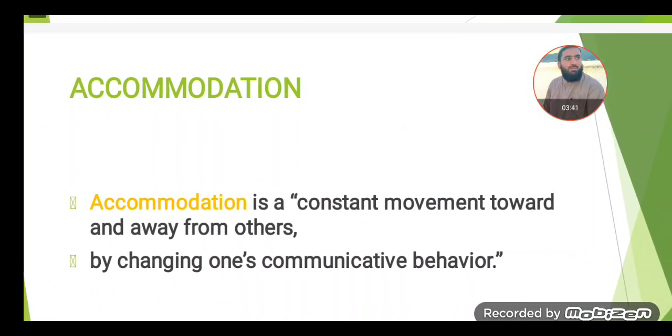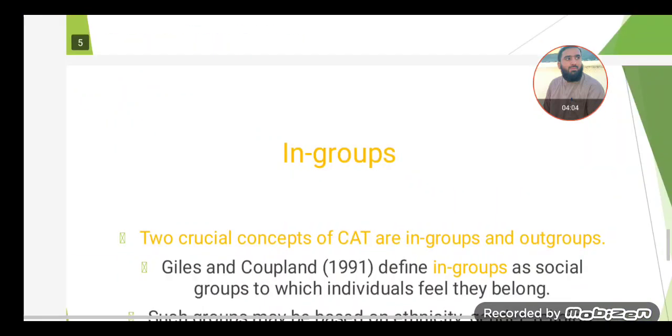So the basic assumption or stance of this theory is to reduce difficulties or the possibilities of speech problems and issues, okay. So accommodation is a constant movement toward and away from others by changing one's communicative behavior.